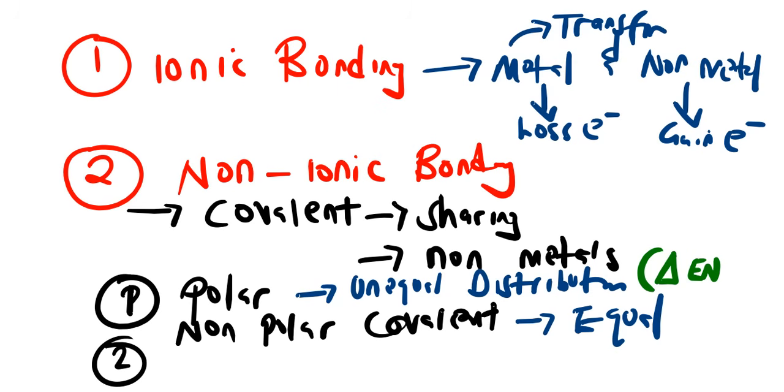For polar covalent, it is greater than or equal to 0.5. On the other hand, for non-polar ones, the change in electronegativity is going to be less than 0.5. These figures are very much important for us to understand if we're going to understand this topic.